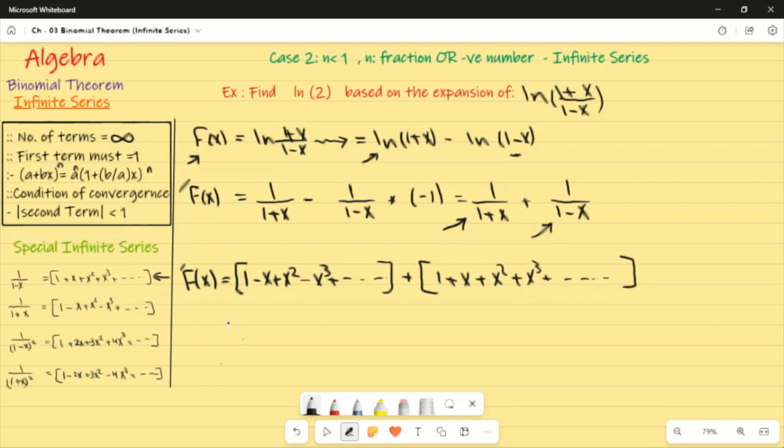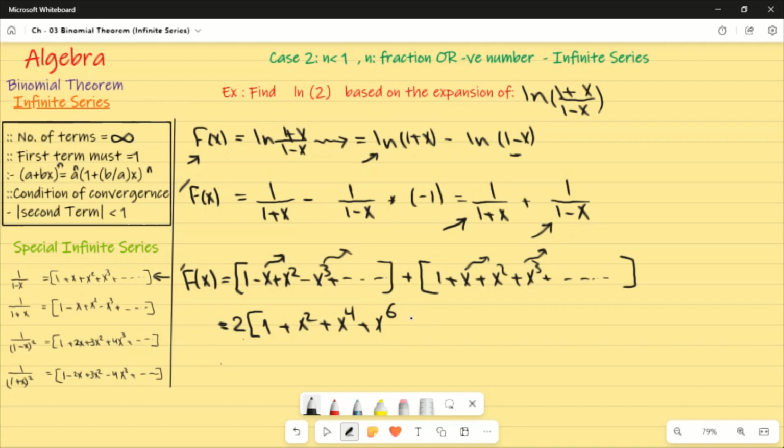Just adding this to this, we can find that the odd powers will be eliminated together here and here. So here we find 1 plus x squared plus x power 4 plus x power 6.